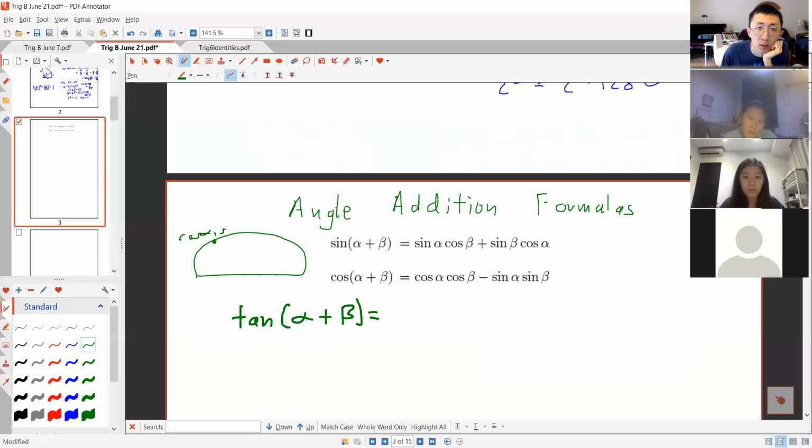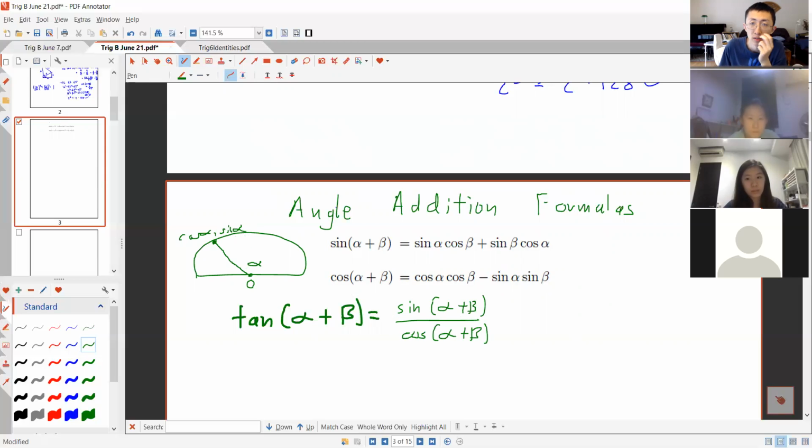Sine over cosine. Yeah, so that's the definition. Once we define cosine alpha using the unit circle and sine alpha as the y coordinate of the unit circle point, then this is just sine over cosine. So that's the definition of tangent.